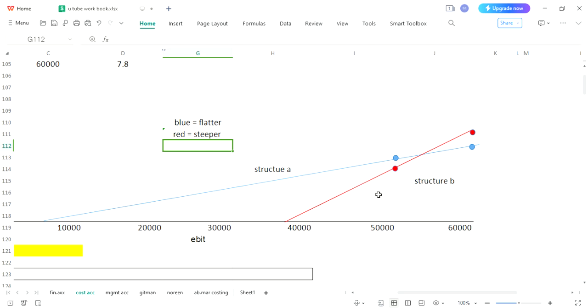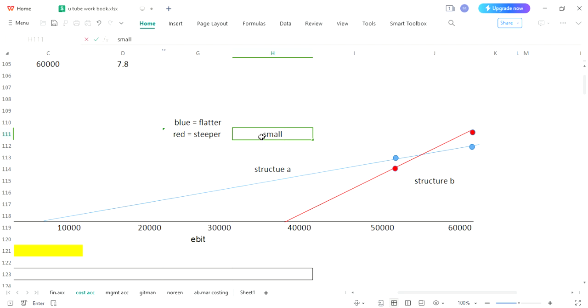We are talking about the red structure: a smaller change in EBIT would result in a huge change in EPS.